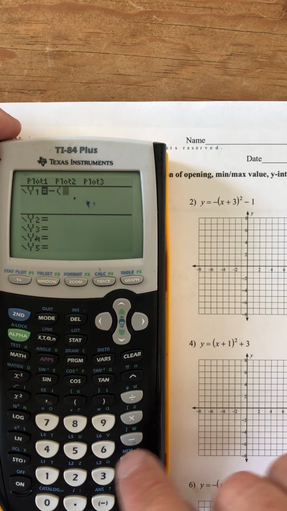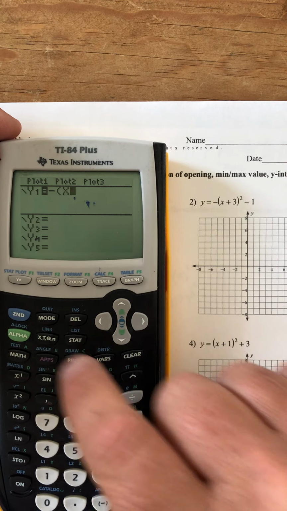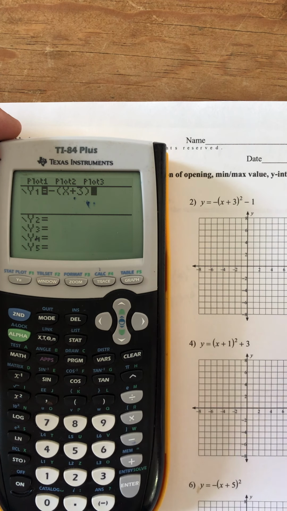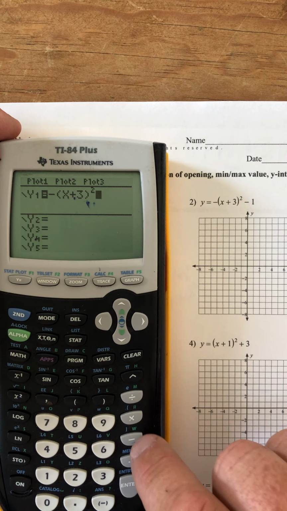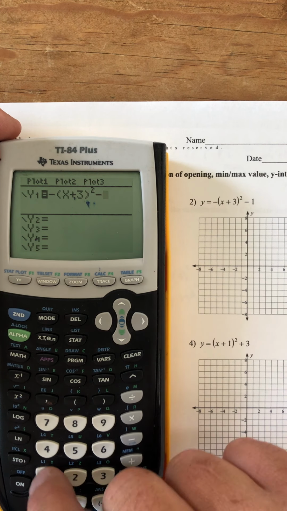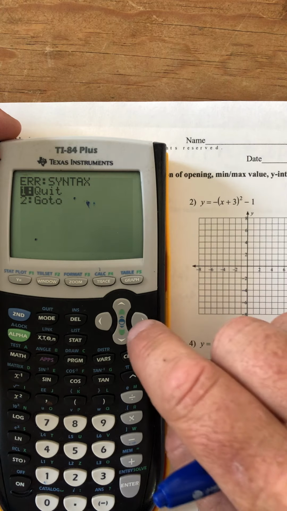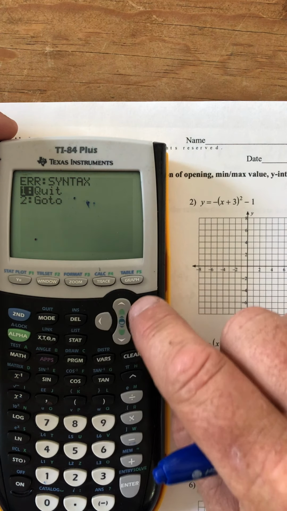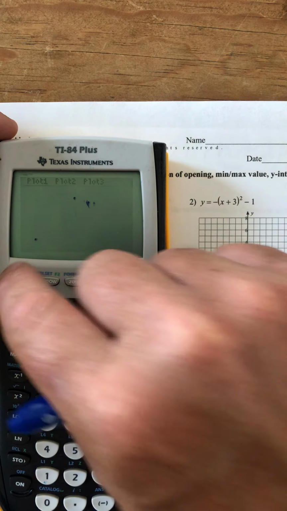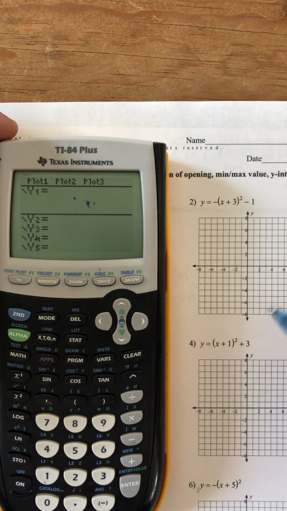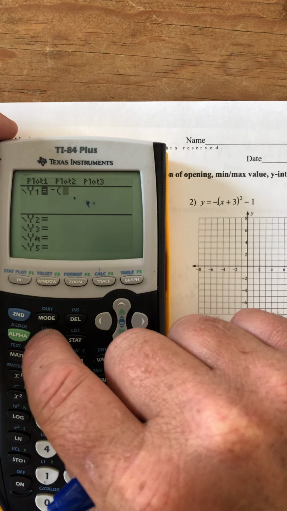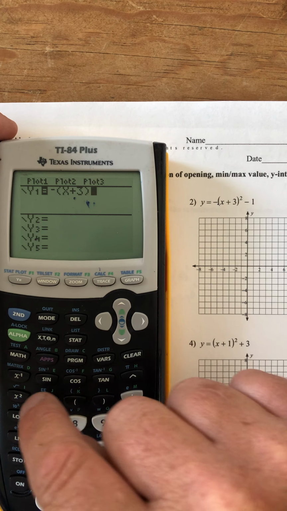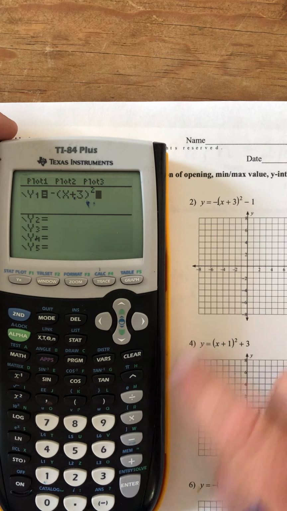Parentheses, x plus 3, close parentheses, squared, minus 1. Graph. Go back to y equals. Clear. It is a negative sign. I hit the minus sign. So hit the negative parentheses. X plus 3, close parentheses, squared, minus 1.